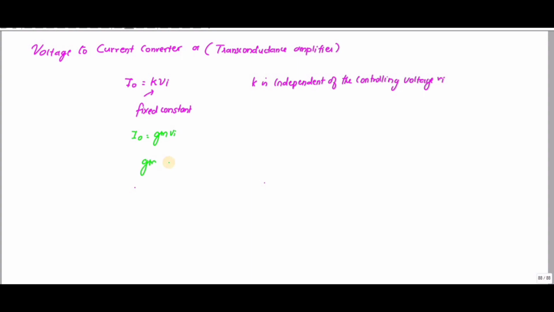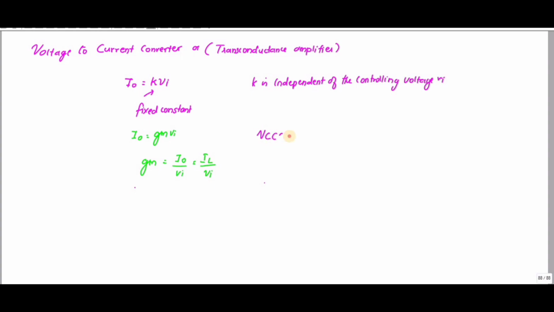So I can also write this as I0 by VA, or as IL by VI. So we need to find the value of GM.